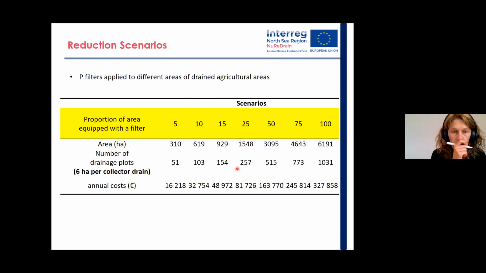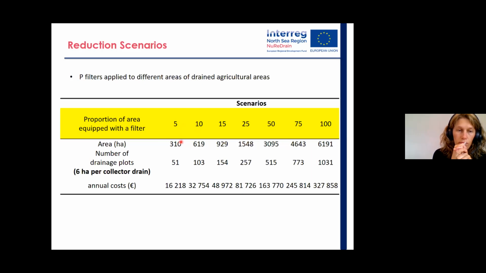in the following way. You can see here the scenarios where we equipped an area of agricultural land that is tile drained with P filters. We took 5%, 10%, 15%, 25%, 50%, 75%, and 100% of the agricultural tile drainage area and equipped these with the P filter.